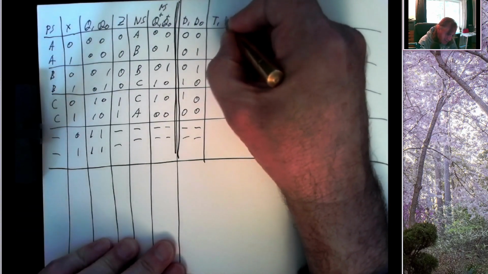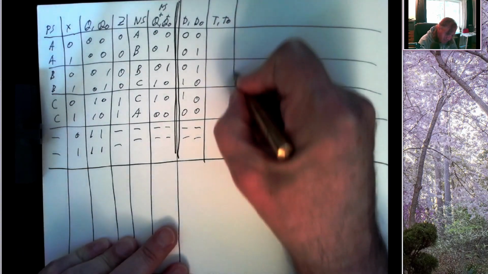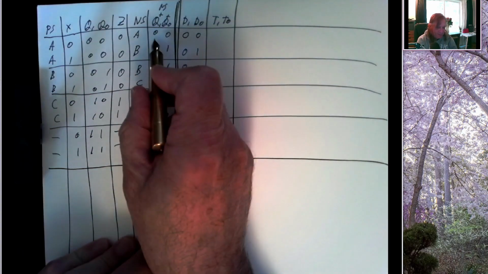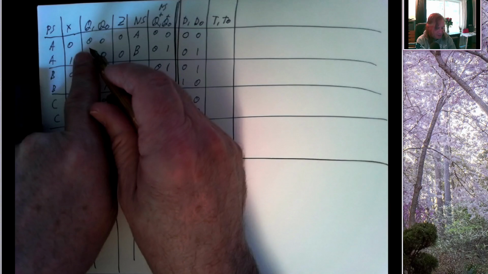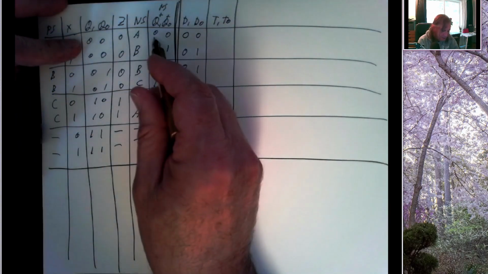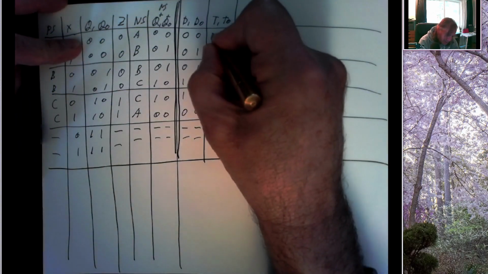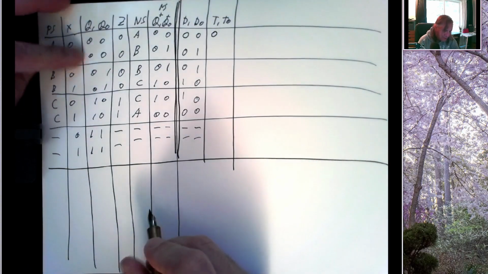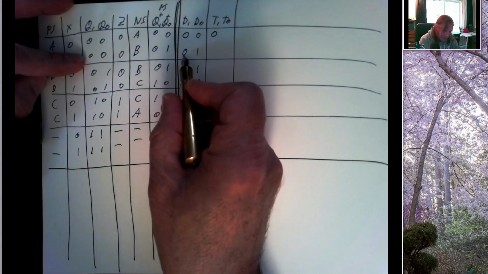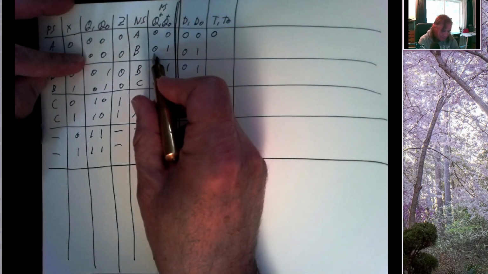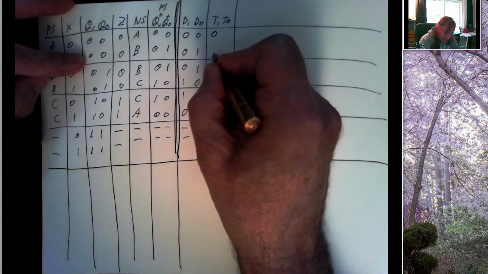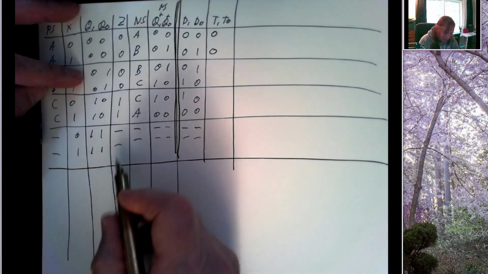All right, now if we have T flip-flops, toggle flip-flops, we can't just look at what we want the flip-flop to be. We have to look at what it currently is. If it's currently a 0 and we want it to stay a 0, then the toggle input should be 0. In fact, if the desired state is the same as the current state, our toggle input should be a 0.